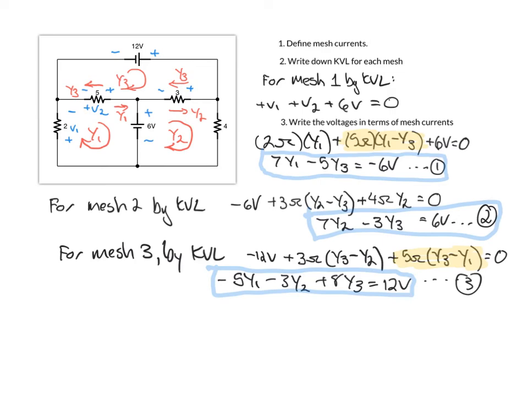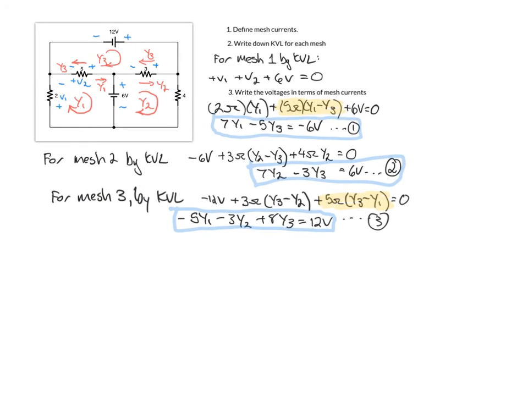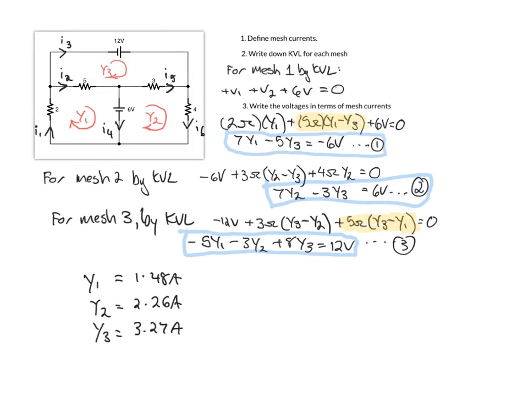If you do the maths, it turns out that Y1 is equal to 1.48 amps, Y2 is equal to 2.26 amps, and Y3 is equal to 3.27 amps.